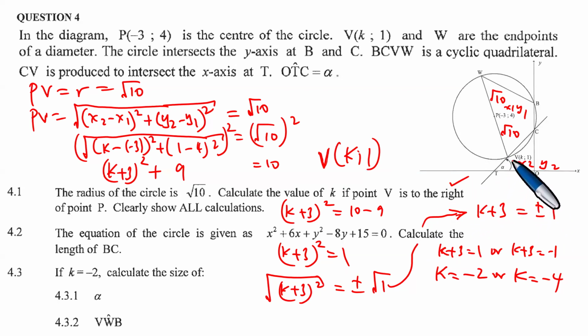It means the x value of V, k, is bigger than the x at P, because V is to the right of P. If x is minus 3 at P, x must be bigger because x is increasing to the right, so you must choose minus 2.